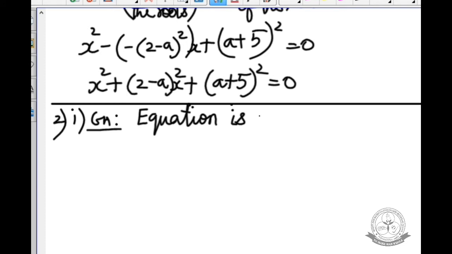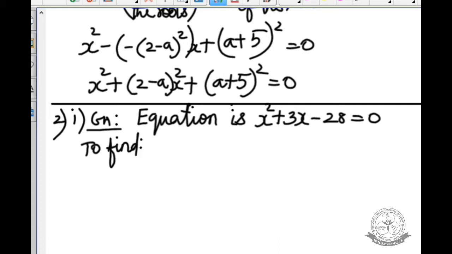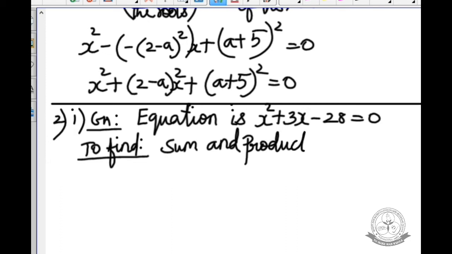x squared plus 3x minus 28 equal to 0. To find the sum and product of the roots.